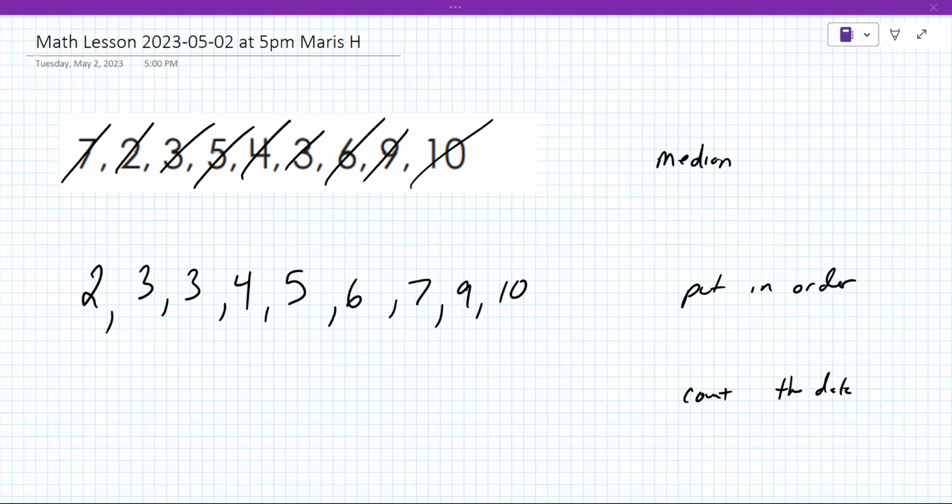Make sure it's the same. Yeah, it's all the same. So 9 totals. You need to know how many there are. Oh, that's what you meant.